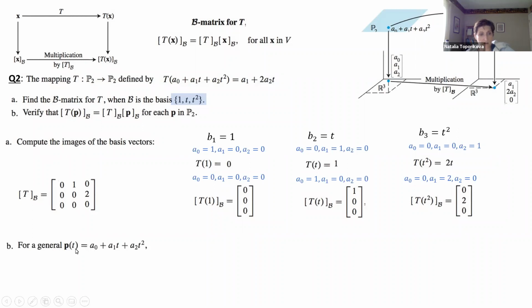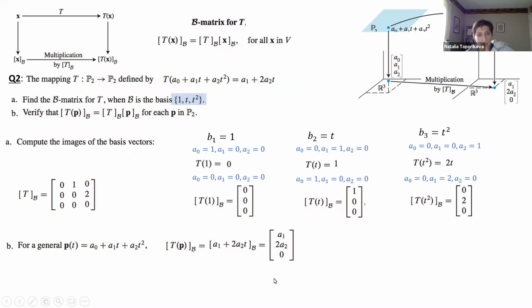Let's take a general vector P of T, which of course will be represented in R3 space by the vector A0, A1, and A2. And let's find the image of this vector in the B coordinates. It will be just the derivative, A1 plus 2A2 t, and in our basis components, it will be the vector A1, 2A2, 0.